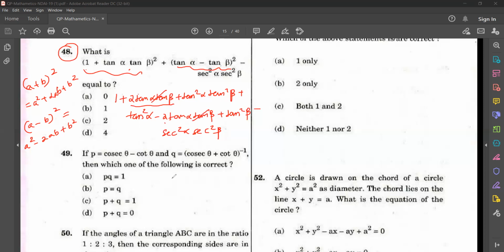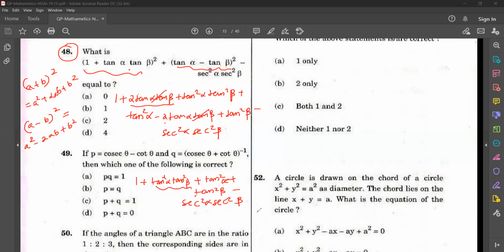This one and this one will go. Now listen, what do I have remaining? I have 1 plus tan square alpha tan square beta plus tan square alpha plus tan square beta minus sec square alpha sec square beta.